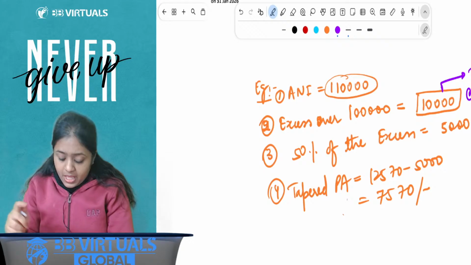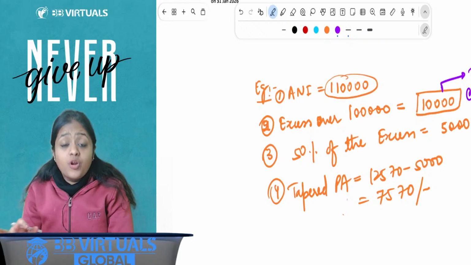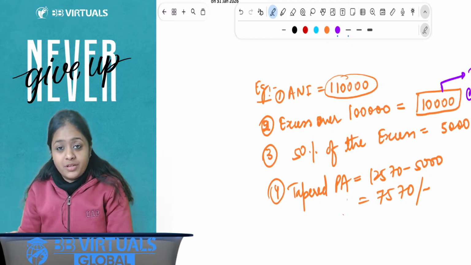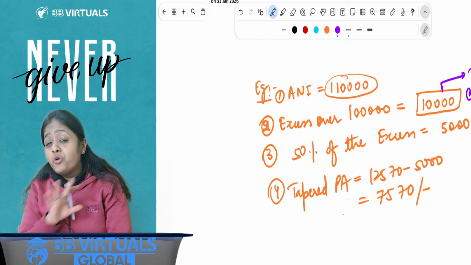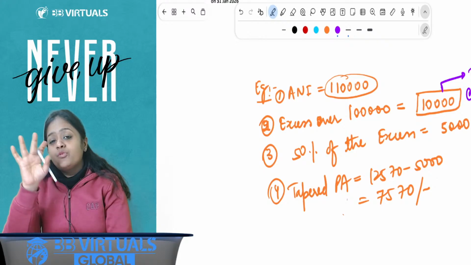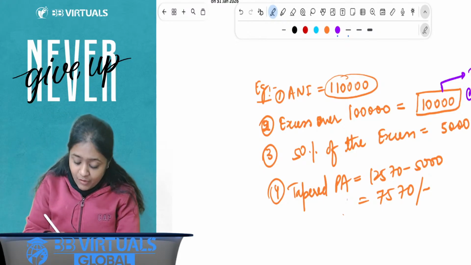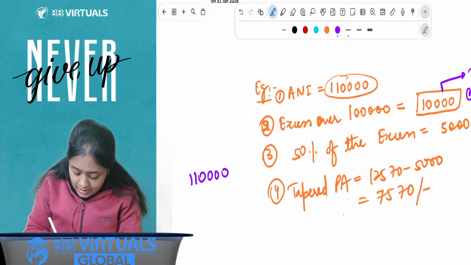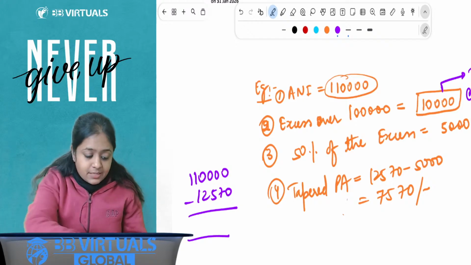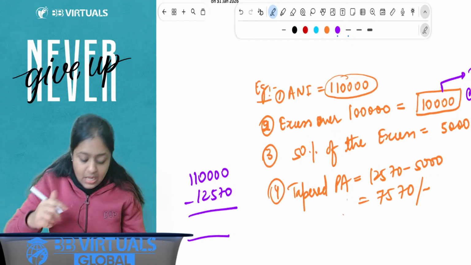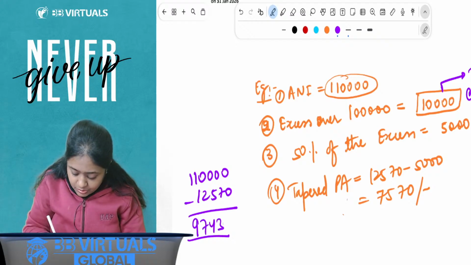Clear? If I would have got full PA, then I would have got benefit at the rate 40%. Right? If my full PA was there, I would have got the benefit at 40%, because then my higher rate band would have reduced. Why? See, 1,10,000 less 12,570, then my taxable income was only 97,430.